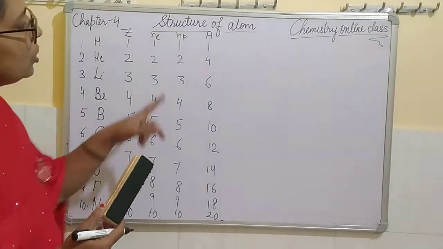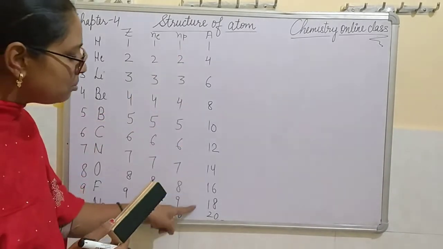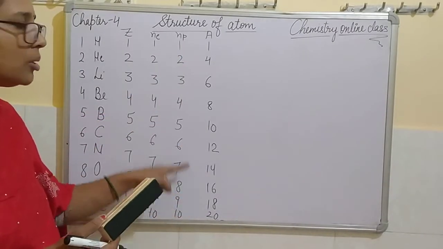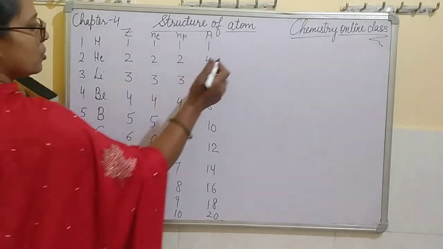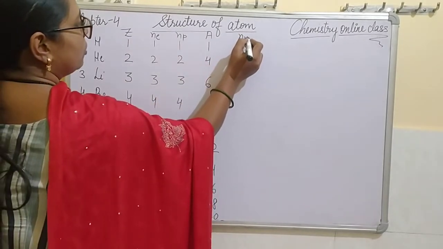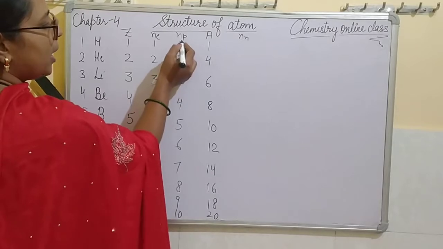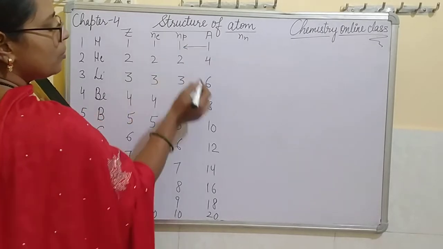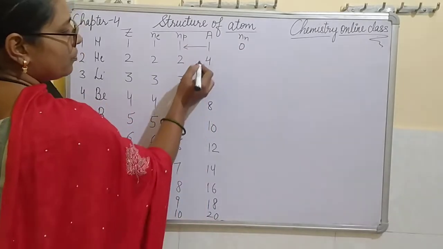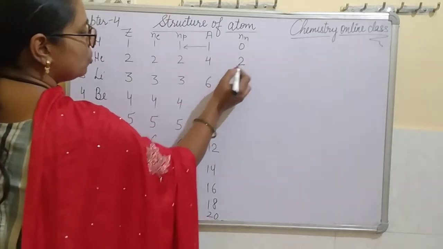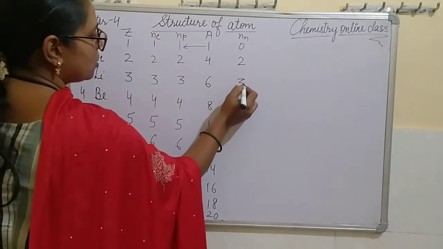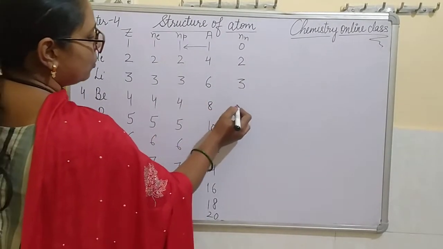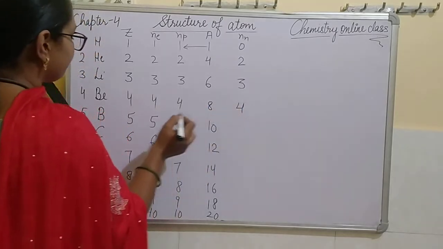So if we know the value of atomic mass number, we can calculate the number of neutrons also. How we will calculate number of neutrons? We will subtract number of protons from here. So it will be 0. 4 minus 2 it is 2. 6 minus 3 it is 3. 8 minus 4 it is 4.